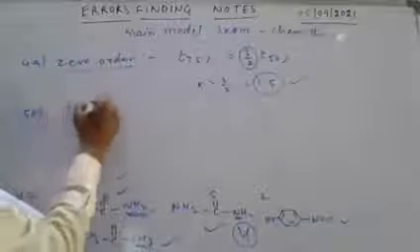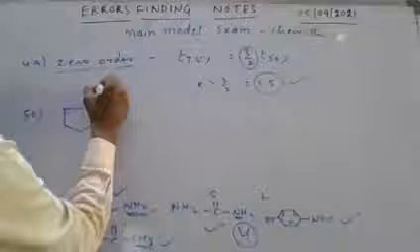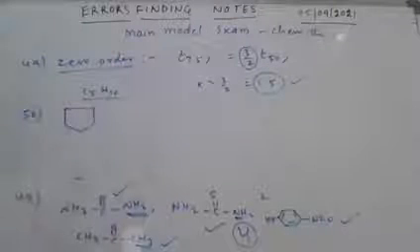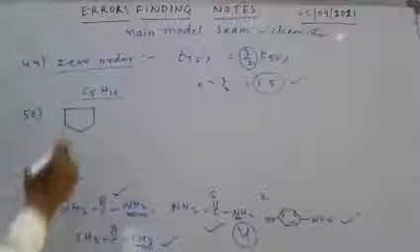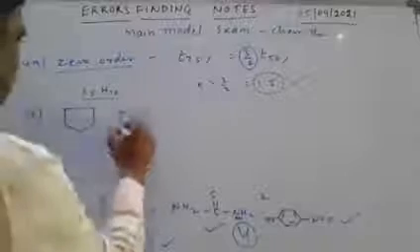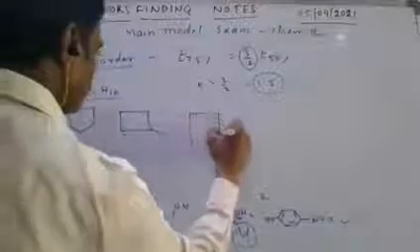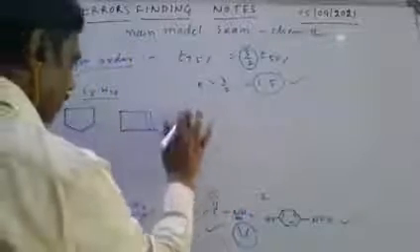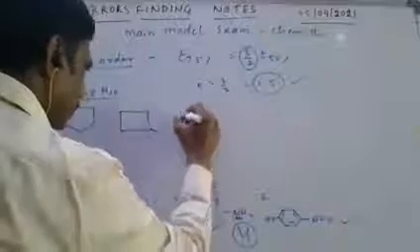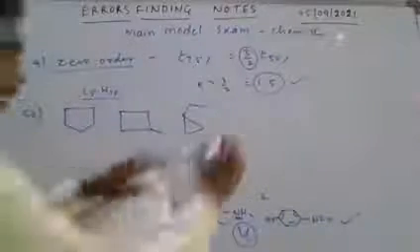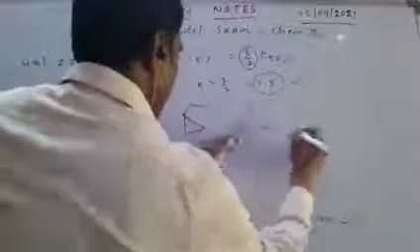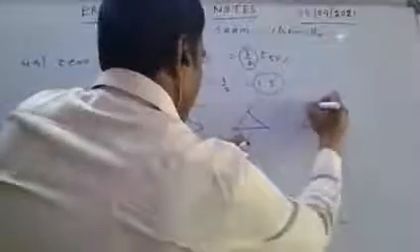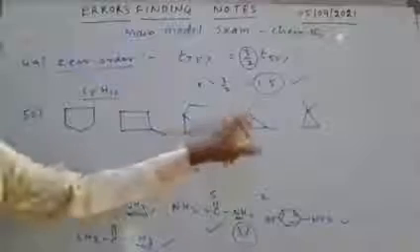Question number 50. Cyclopentane, C5H10. Look at the possible structures: cyclopentane, methyl cyclobutane, ethyl cyclopropane, dimethyl cyclopropane. Here also dimethyl: 1,2 dimethyl, 1,1 dimethyl.